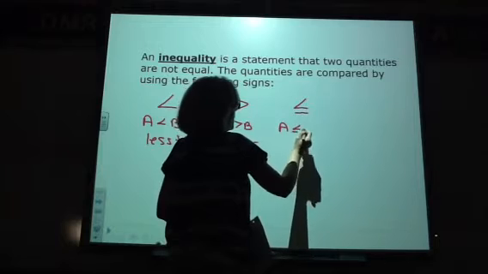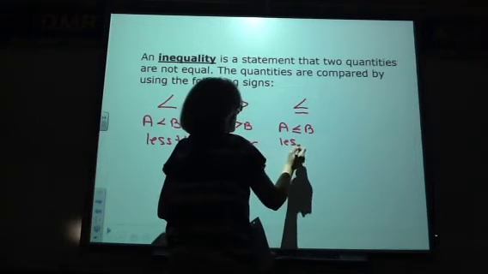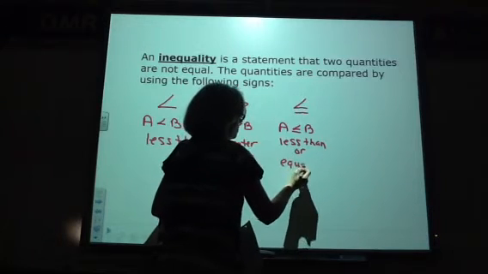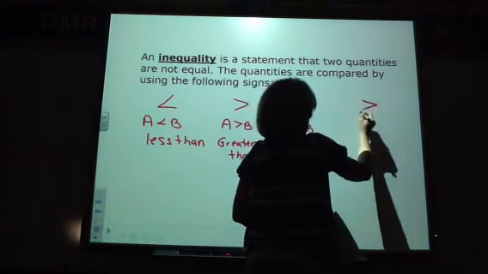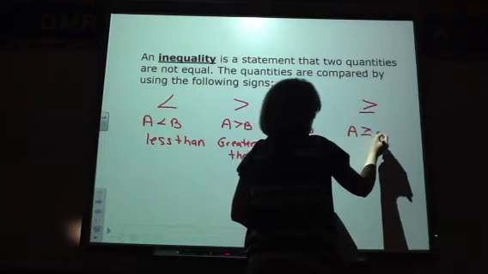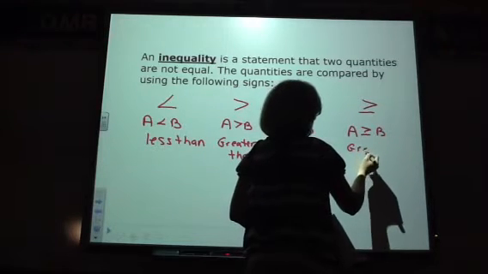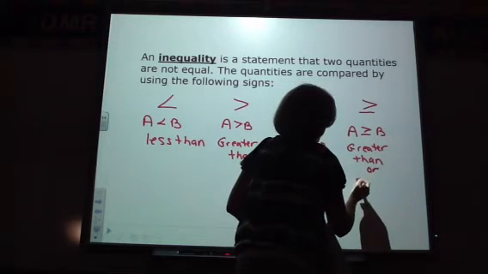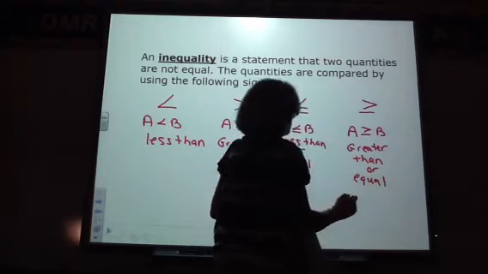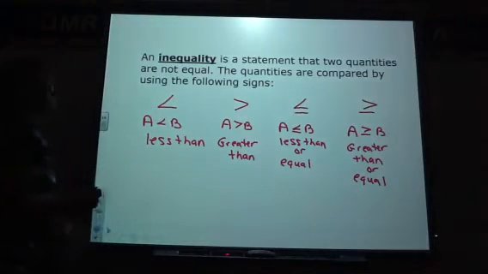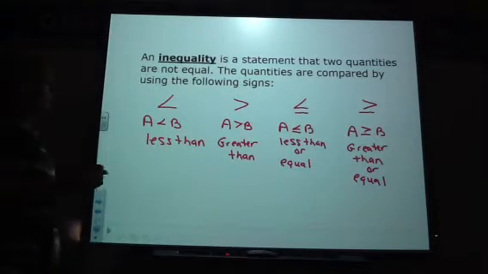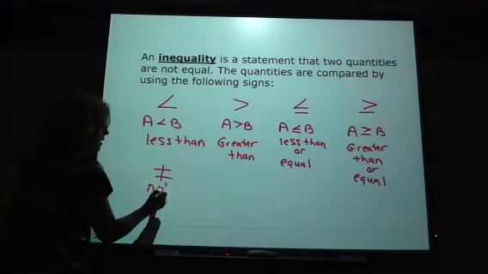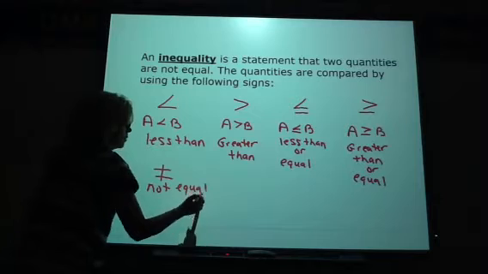You can have A is less than or equal to B, or you could have A is greater than or equal to B. Okay, and then let's see, you have one more. This means not equal to.